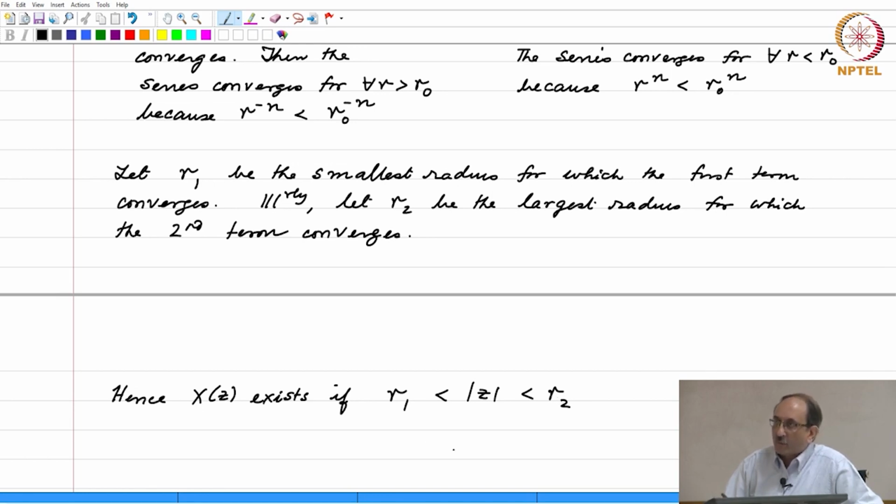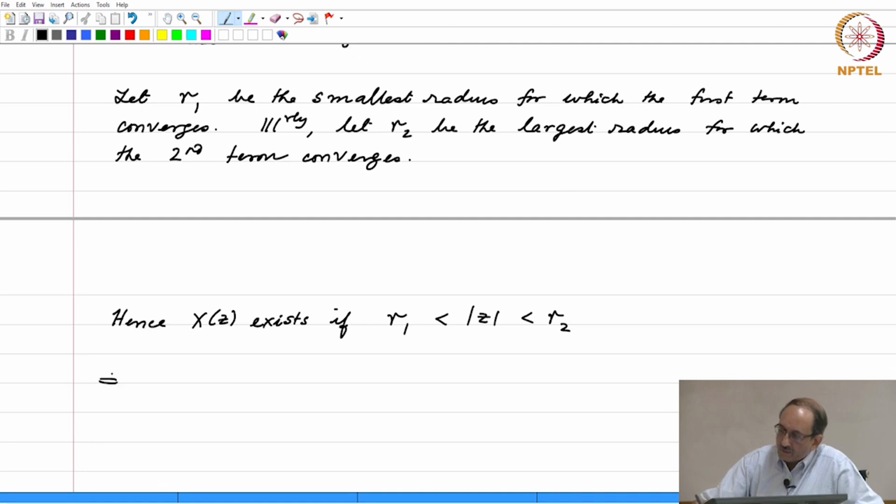So, clearly this supposes that R2 is larger than R1, because you are looking at the intersection of two regions of convergence. For the first part, you require mod z to be greater than R1, and for the second part you require mod z to be less than R2. Therefore, these two regions must overlap, which means R1 must be strictly less than R2.